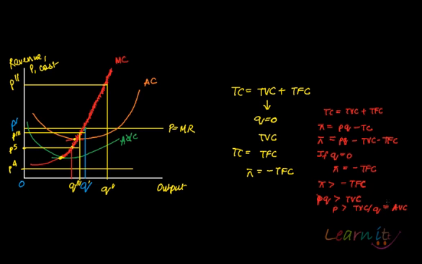Fixed costs have to be paid in any case, and any price that covers the variable cost will provide revenue as an offset to the fixed cost.